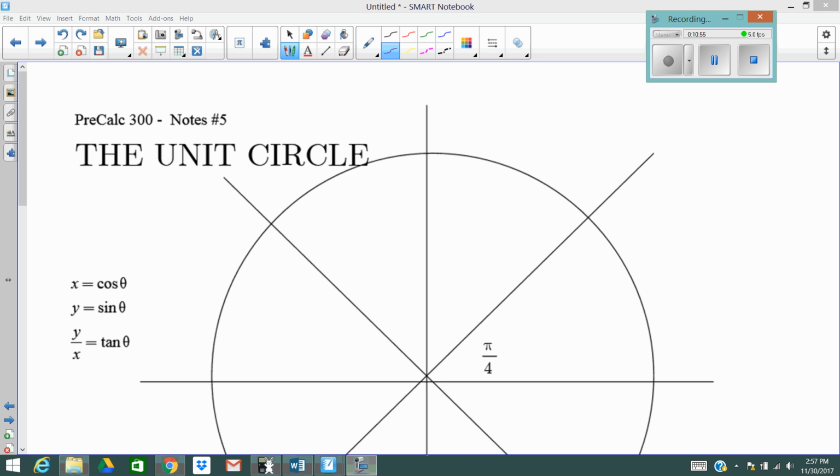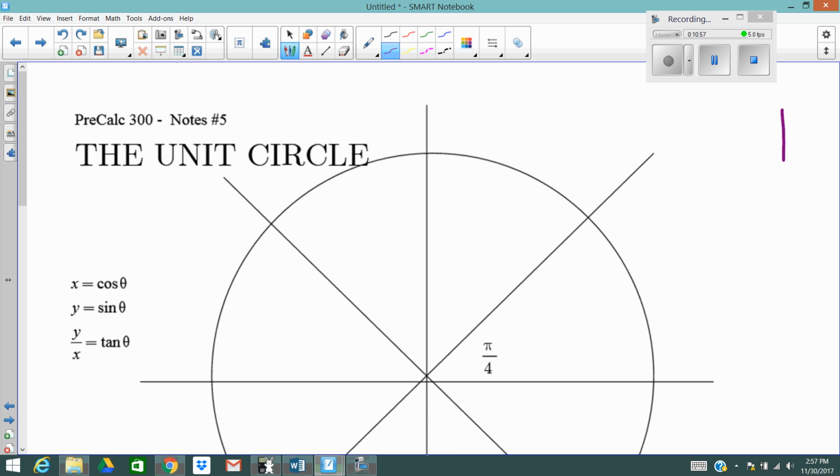The first reference triangle that we're going to use is our 45, 45, 90 right triangle. So 45 degrees is pi over 4. So first I want us to fill in all of our angles in terms of degrees.